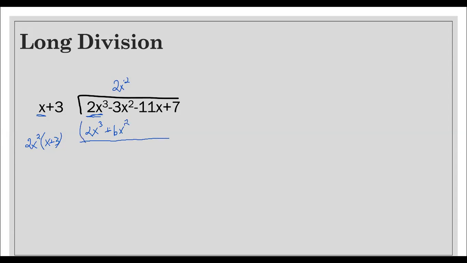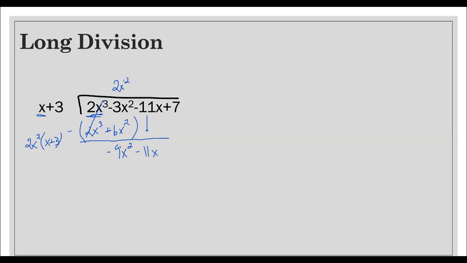Again, we're going to subtract this whole thing. So 2x cubed minus 2x cubed, that goes away. 3x squared minus 6x squared, that's negative 9x squared. Okay? Again, we're going to bring down this next term, minus 11x.